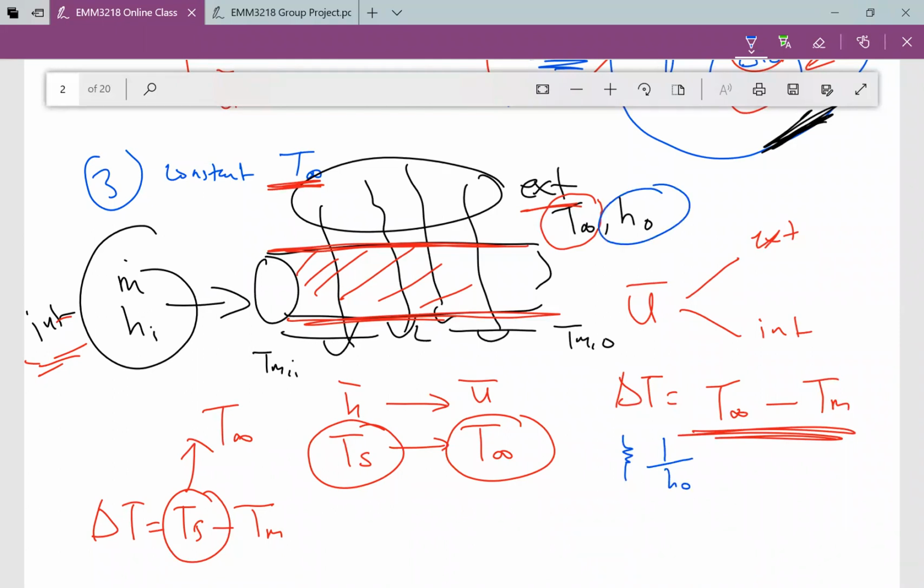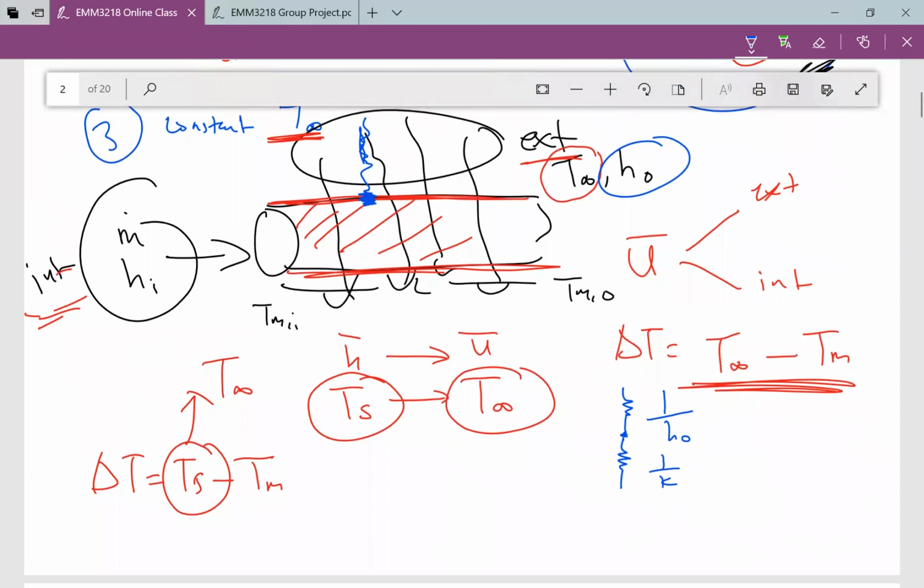This h out is in series with the conduction across the thickness of the pipe, where k is the conductivity of the material that constructs the pipe. And then you have the internal flow. So it's a series combination of different mechanisms, and U is basically all of this combined.